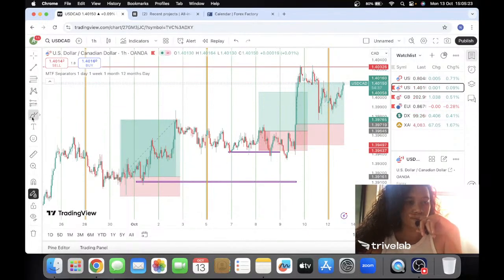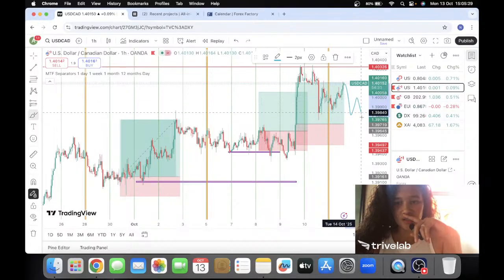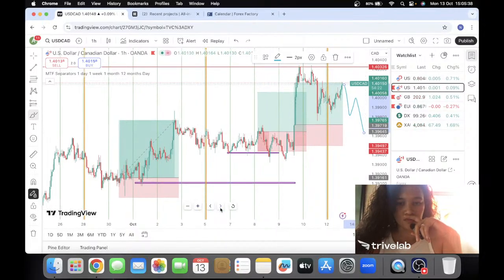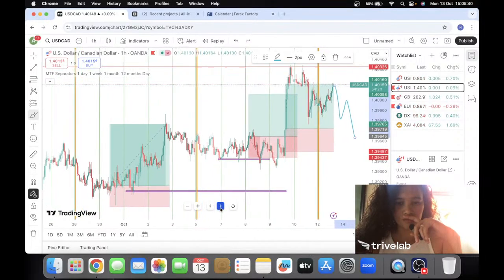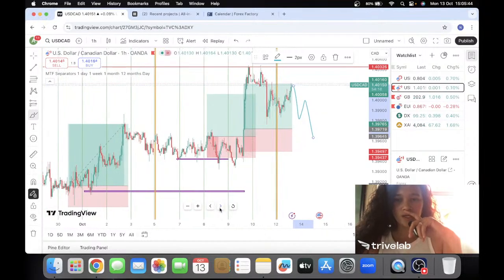Price could go further down. If price doesn't break the structure, it could create a new low. Let me move it up a bit. I don't think it could.